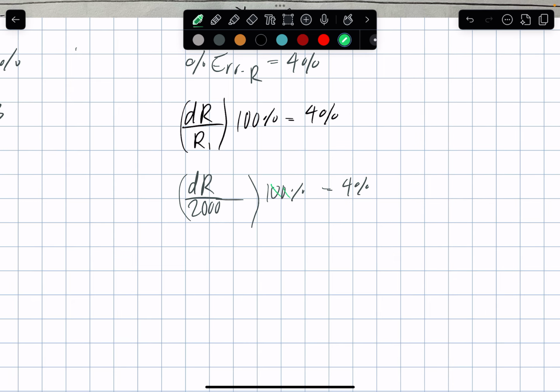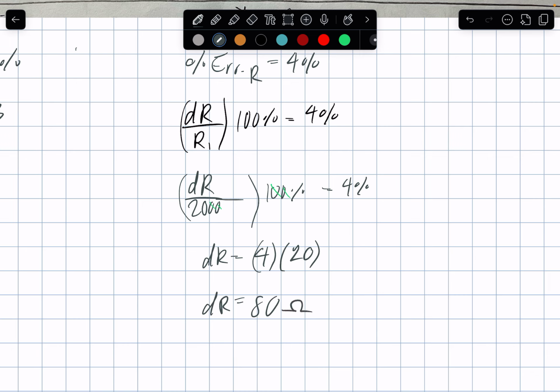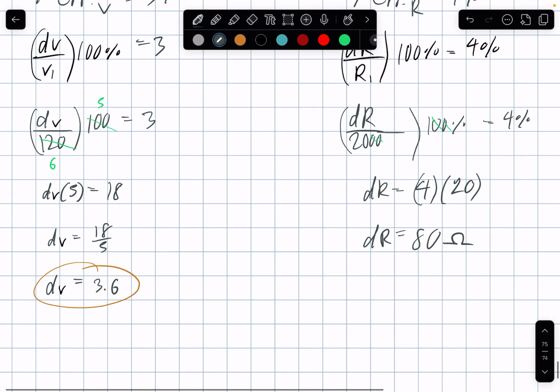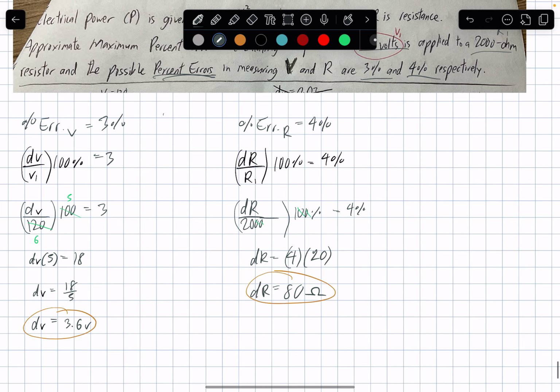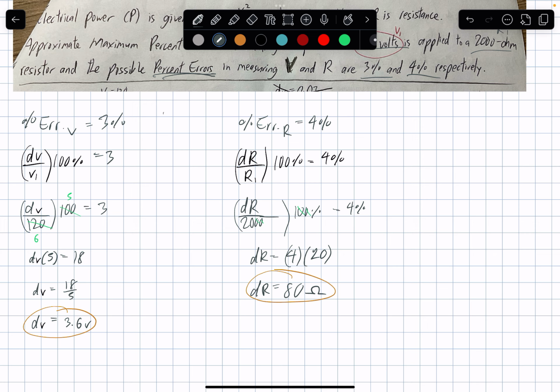We will cancel. So dR is equal to 4 times 20. That's 80. Don't forget the units. So, what else?